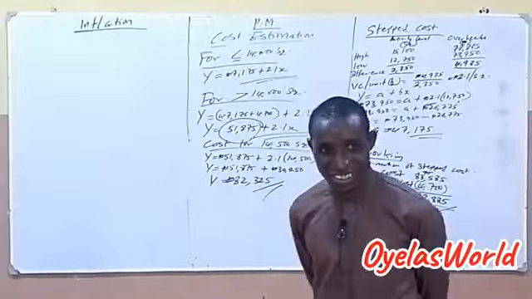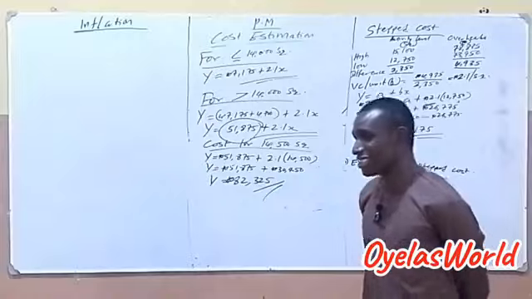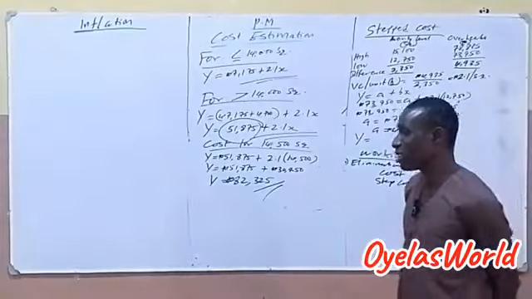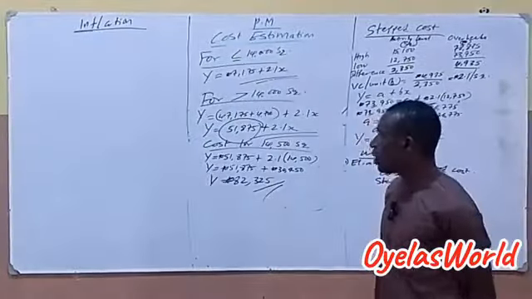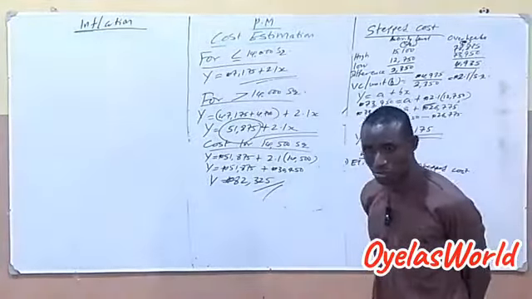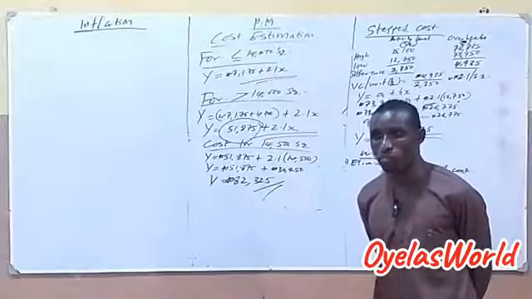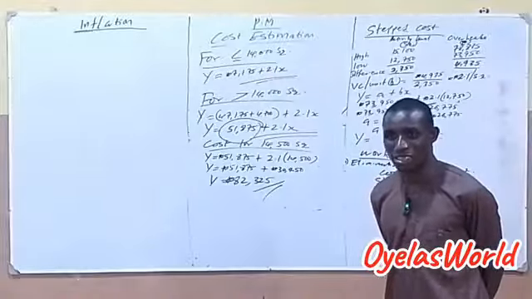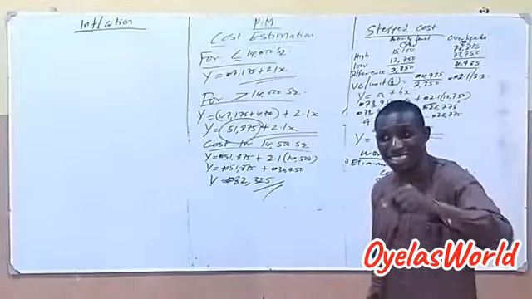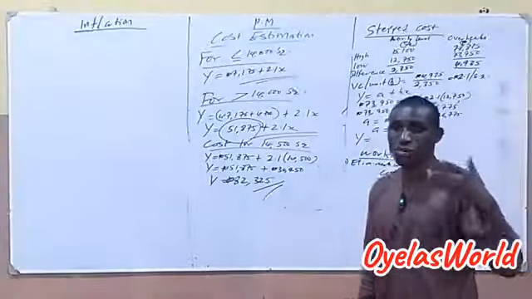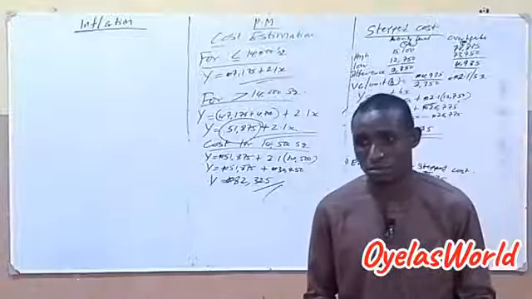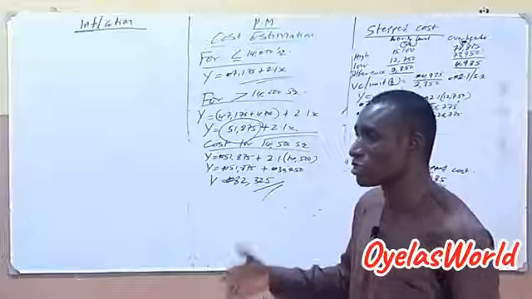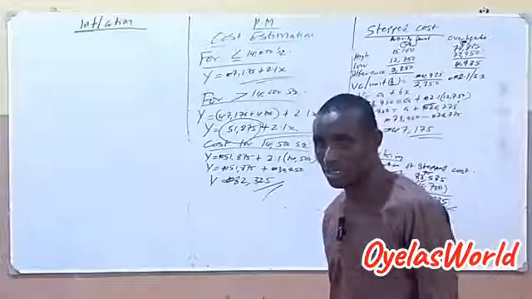So they are trying to balance their own books. Now, when you talk of inflation, you talk about the persistent increase in the price of goods and services, or persistent decrease in the purchasing power of money, of the naira in Nigeria.